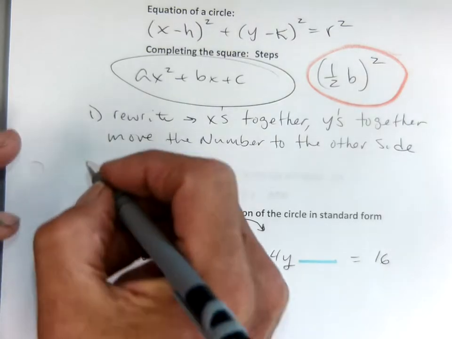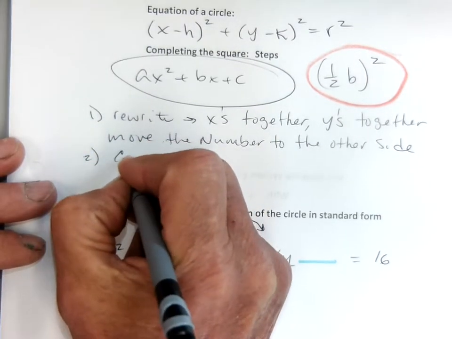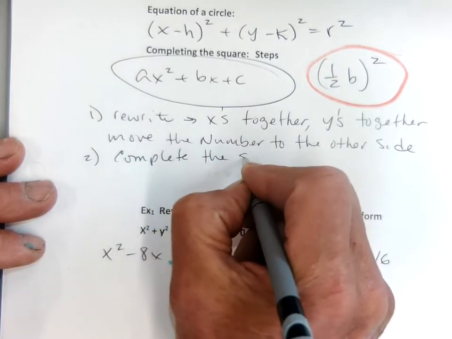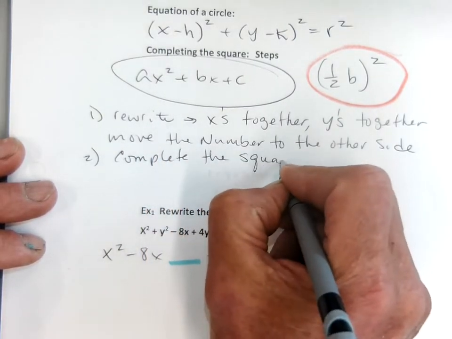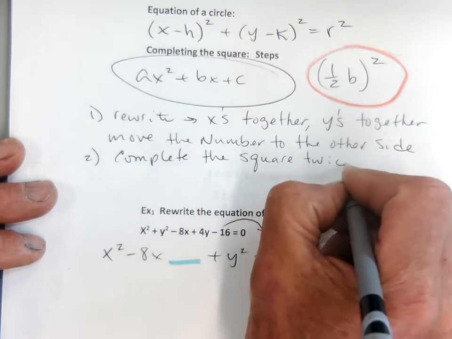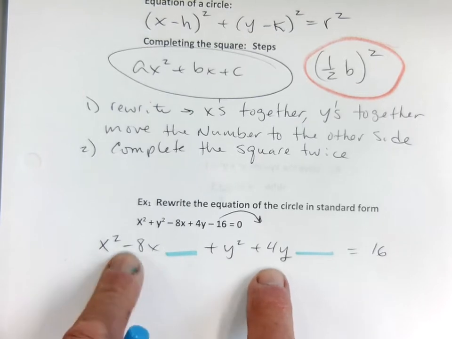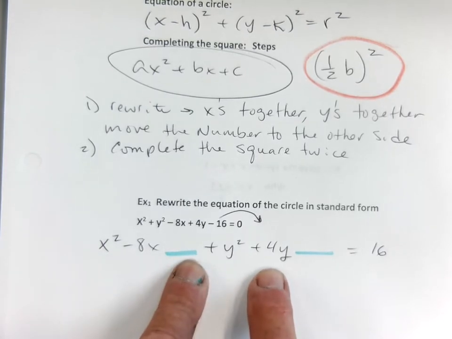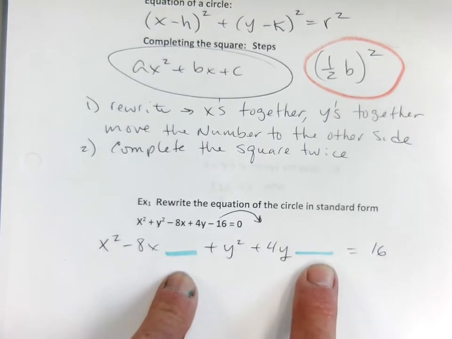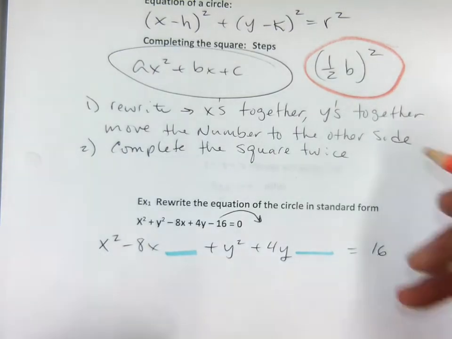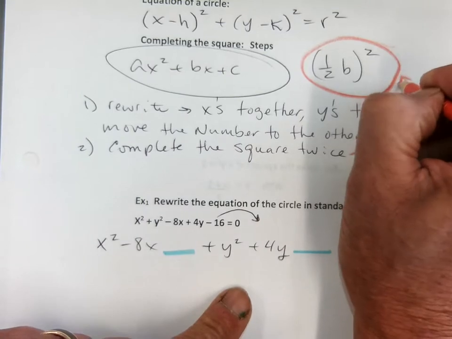Second step is I'm going to complete the square twice. And not always twice, but in this case we have to do it for the x's and the y's. We've got to do it for the x's. We've got to fill that spot. We do it for the y's. We've got to fill that spot, okay? Completing the square really is doing this step up here, okay?